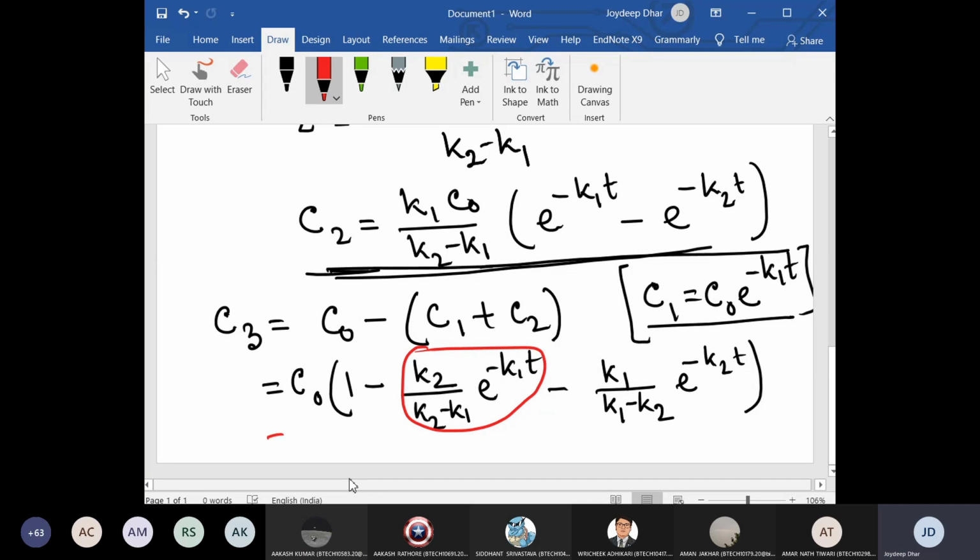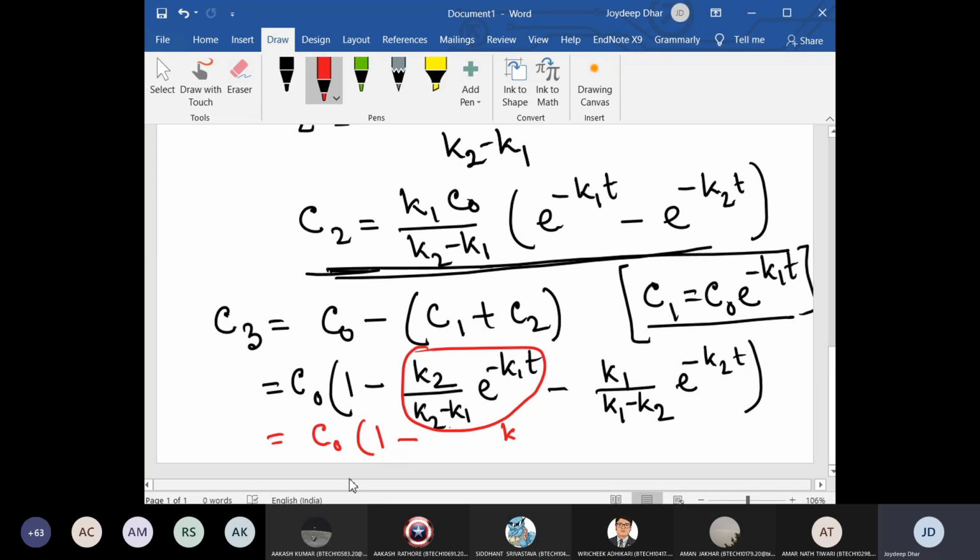In that case, the final concentration of C3 will be 1 minus... and if you see the right hand term also, it will be almost 1. You can consider K1 is much larger than K2, then I can ignore K2 with respect to K1, so K1 by K1 is equal to 1.